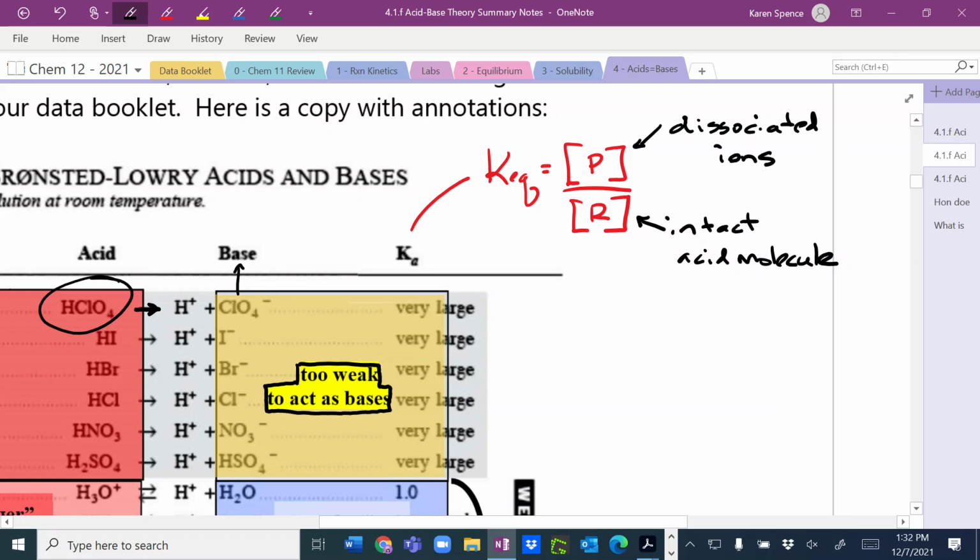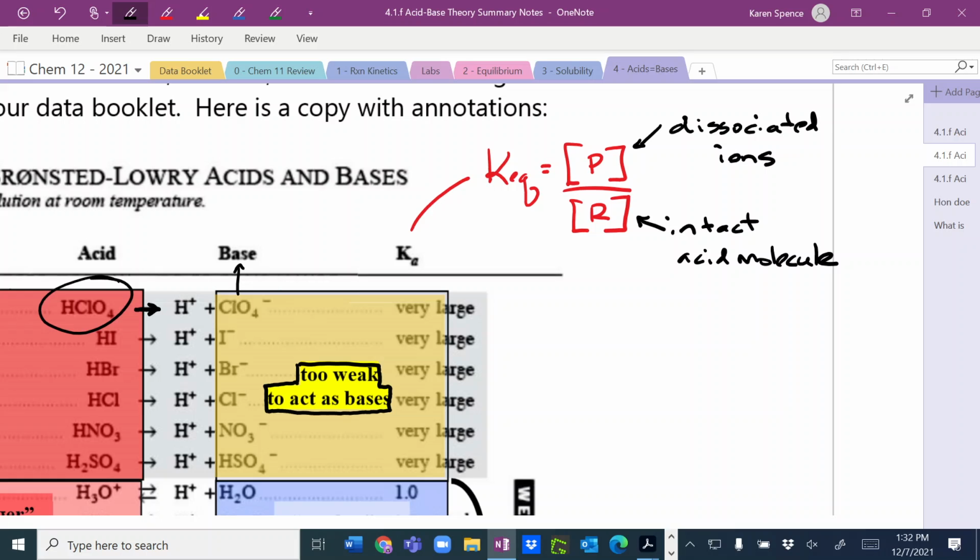And that's why those are yellow instead of red or blue, because ClO4 minus is certainly not an acid, is it? No, not an acid, doesn't have a hydrogen, but it is too weak to be a base. It cannot accept a proton. So it cannot really act as either an acid or a base. So it would just be neutral, okay?